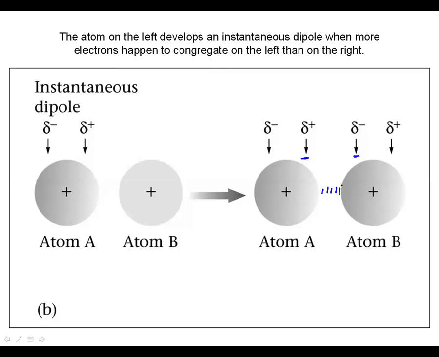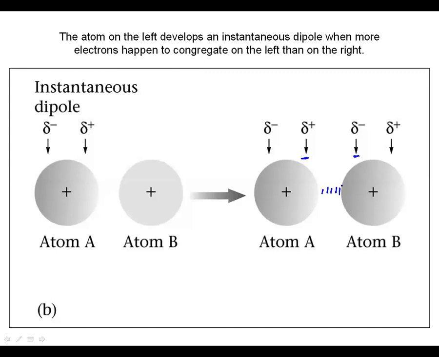That little symbol there, again as a reminder, is the delta positive and delta negative, which means partially positive and partially negative charge of that molecule. Again, as those electrons move back to their normal location, they will break apart and form new ones.